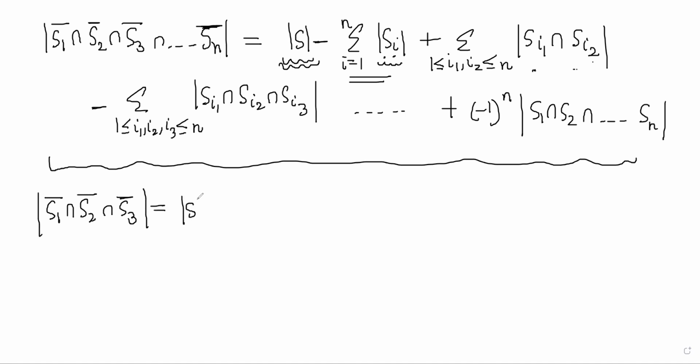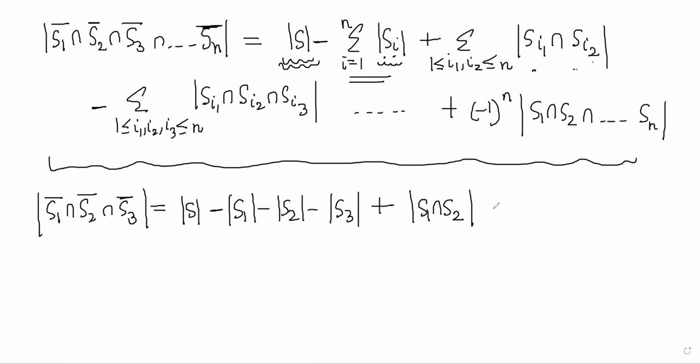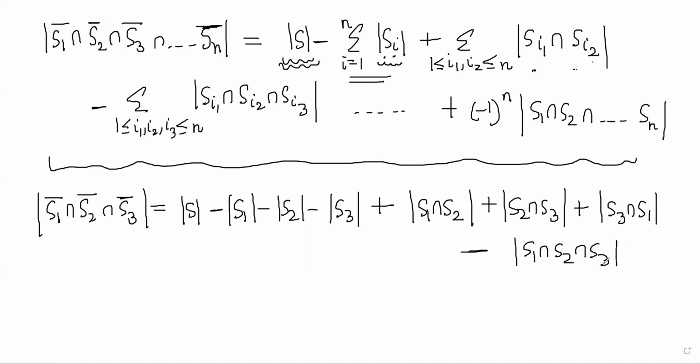I would say this is mod S minus S1 minus S2 minus S3, one at a time, then plus S1 intersection S2 plus S2 intersection S3 plus S3 intersection S1, and finally minus S1 intersection S2 intersection S3. This is what we are getting.